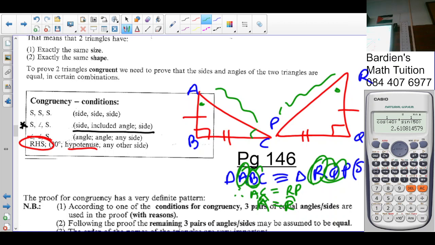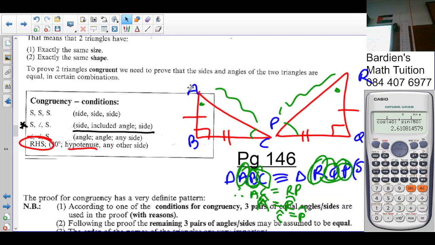And we know that angle C is equal to angle P. So once you conclude that the two triangles are congruent, all of the other 3 sides and the remaining 3 angles are equal. You understand?